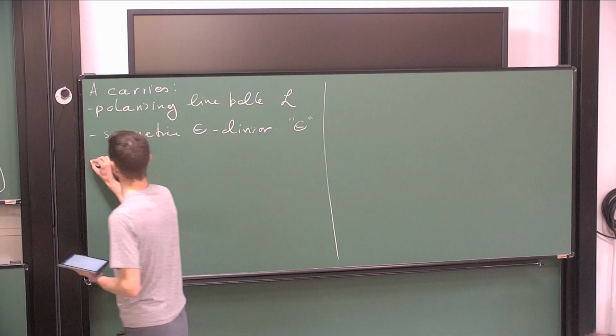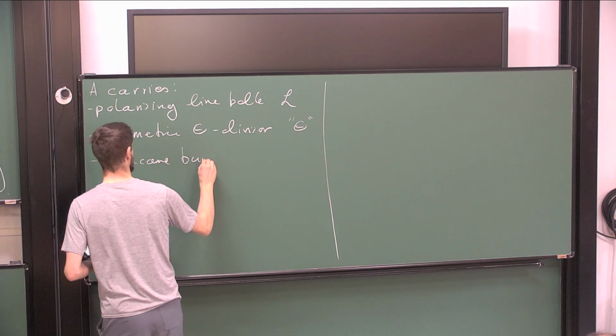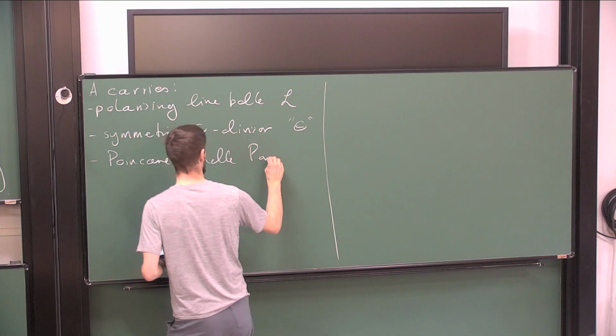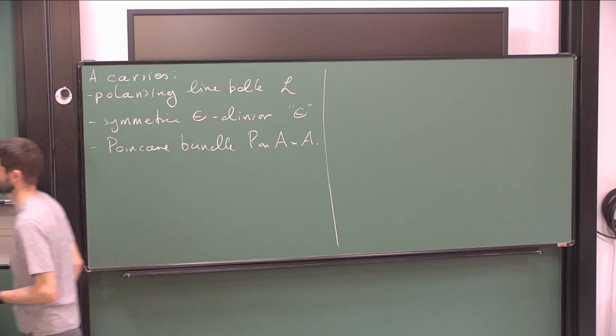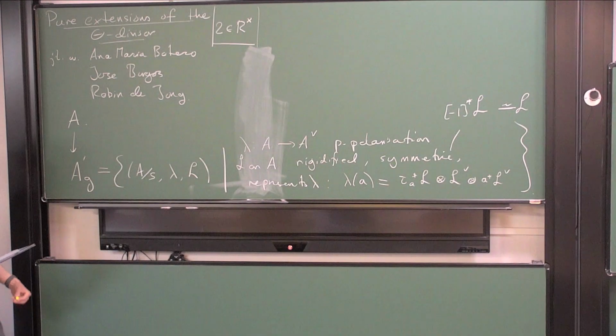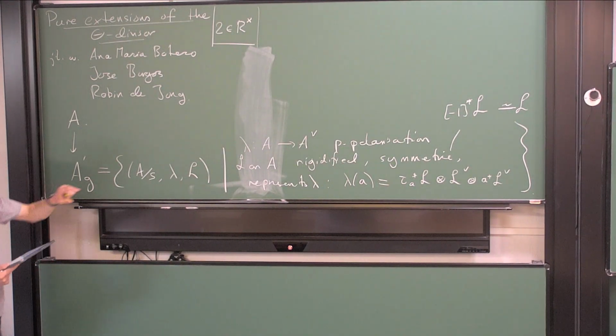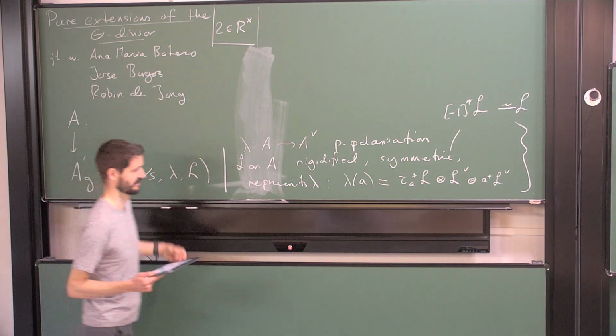And there's also, of course, a Poincare bundle. And so if you do usual A_g without the prime, then you have the class of theta in Chow with rational coefficients, the class of this theta divisor. But I want an actual divisor because I want to talk about extending this divisor to the boundary, which is why I'm adding this extra data.